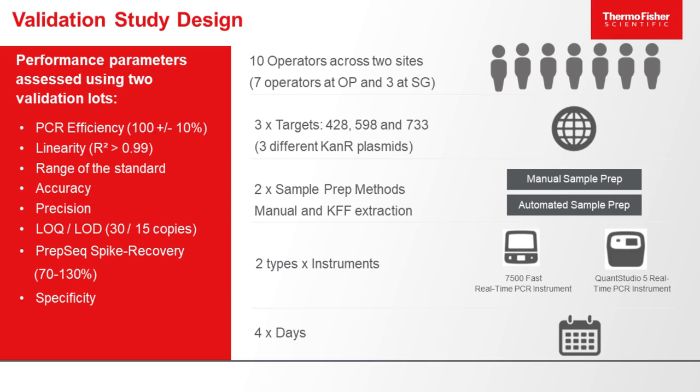We validated the performance of this assay using multiple users, specifically 10 operators, spanning multiple days, and using multiple qPCR instruments such as the QuantStudio 5 and ABI 7500 Fast. These experiments were run using multiple modes of extraction, namely manual and automated, and were carried out across multiple sites in the US and abroad.